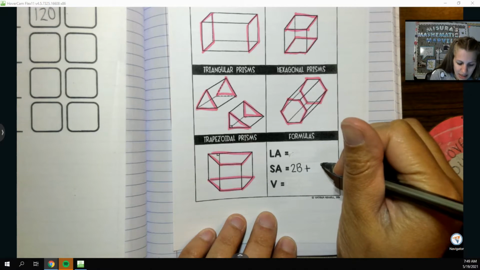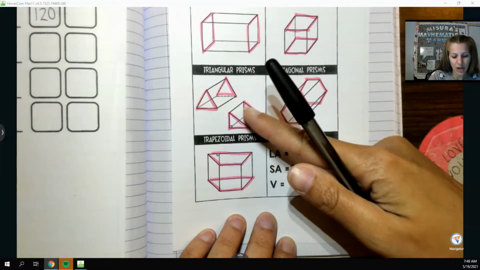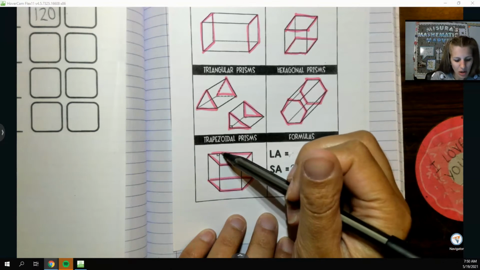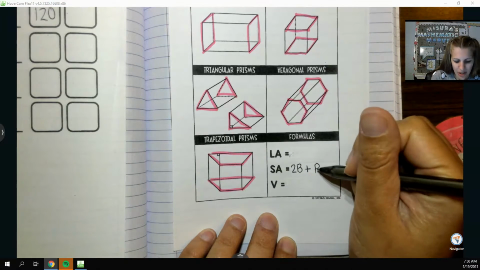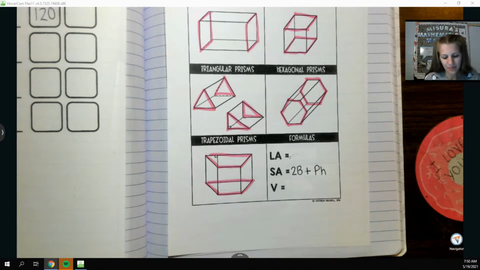The height is how high it is from trapezoid to trapezoid or triangle to triangle. And the base of that rectangle is all the stuff around, so that is the perimeter of the base shape times the height.